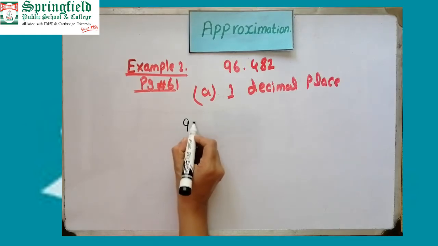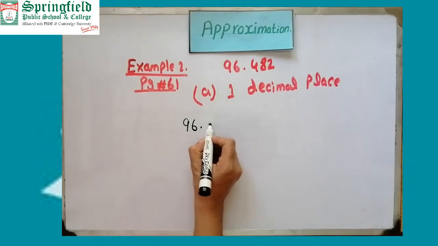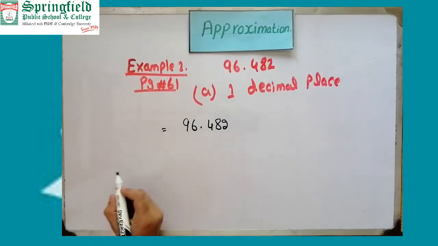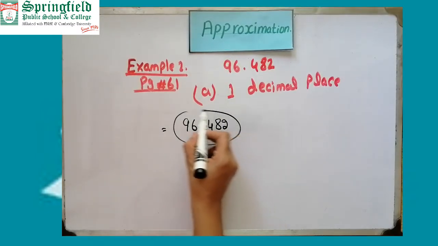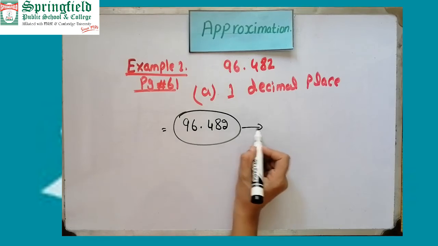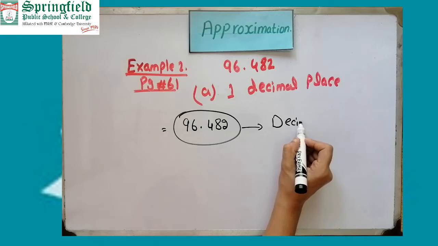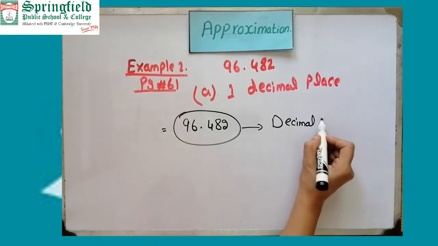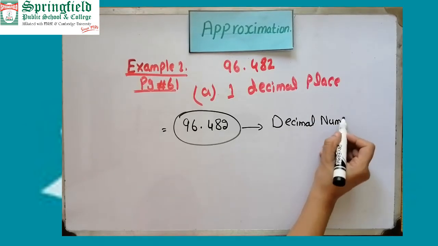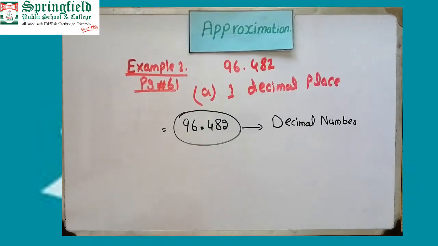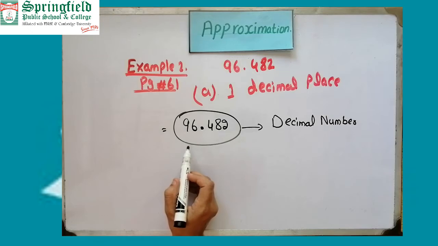So beta, the number is 96.482, and we know that this is a decimal number, due to the decimal point. Fine.